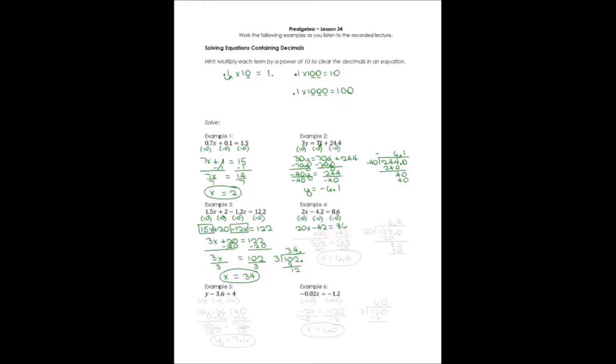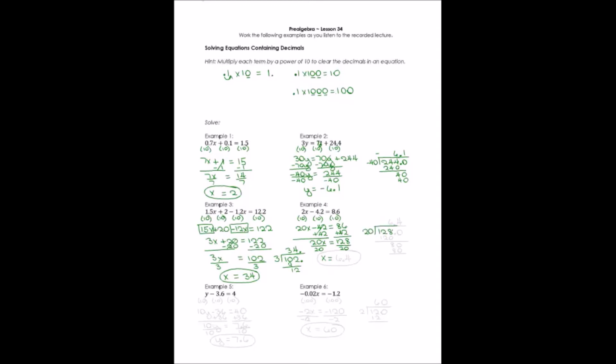Now, I'm not dealing with decimals anymore, so I just solve my equation as usual. I will isolate the variable term by adding 42 to both sides. I end up with 20x equal to 128. I'm going to need to divide both sides by 20. And I'll have x is equal to 128 divided by 20.